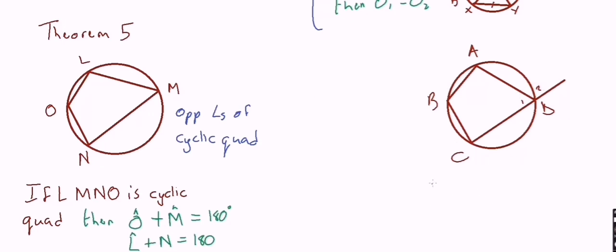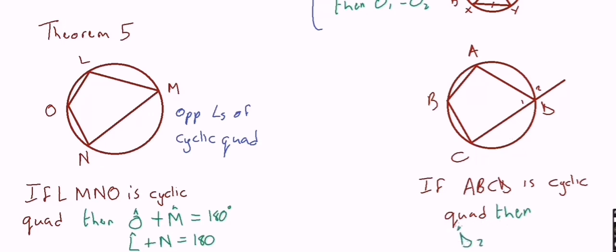So what do we know? If A, B, C, D is a cyclic quad, then we already know that D1 plus B is going to be 180 degrees, but better yet, D2 will be equal to B. So not only is D1 plus B equal to 180, but also D1 plus D2 is 180, meaning that B and D2 must be equal to each other, because D1 plus D2 is 180 because of angles in a straight line, and D1 plus B is equal to 180 because of opposite angles of a cyclic quad.